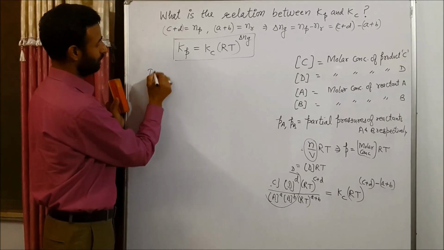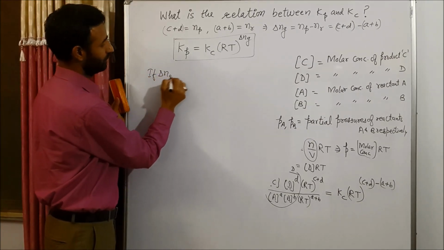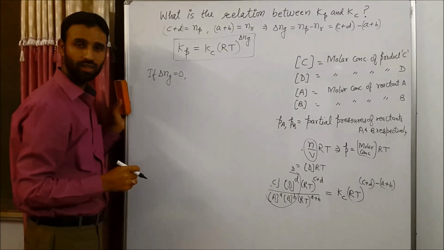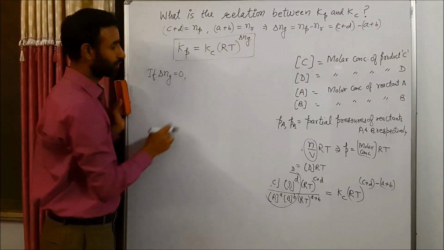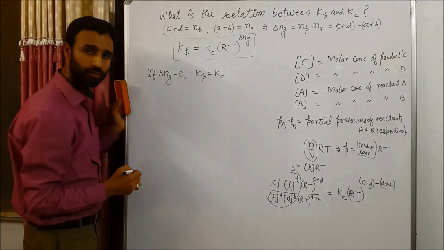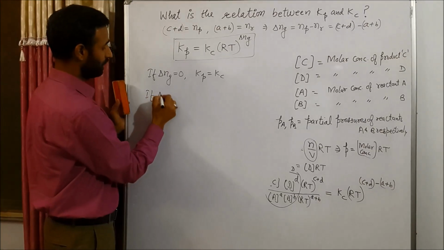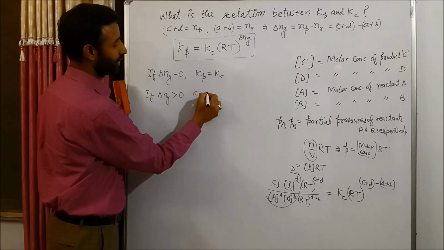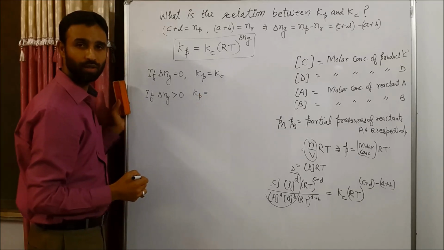And to explore further, you can go like this: if delta Ng is 0, then what is the relation between Kp and Kc? Delta Ng is 0, so that implies Kp is equal to Kc. If delta Ng is greater than 0, then what is Kp?